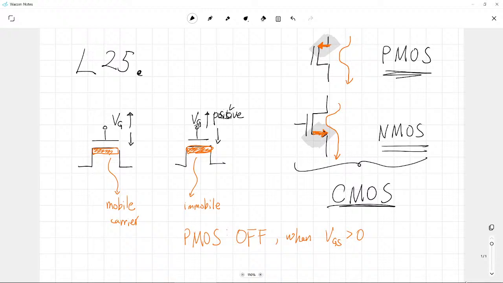Of course, at the beginning, several decades ago, the major technology was not CMOS technology. At the time, people fabricated only one type of transistor, because even fabricating one type of transistor cost a lot and it was sufficient for their purpose.